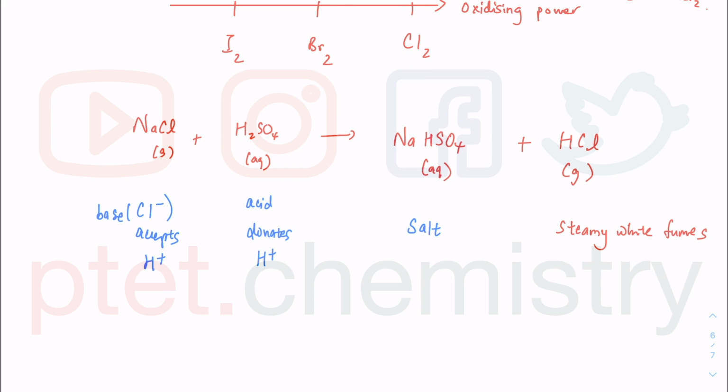So this is not your classic neutralization. In fact, you cannot call it neutralization because neutralization would mean neutral pH. But obviously, we are not producing something neutral. We cannot call this neutralization.